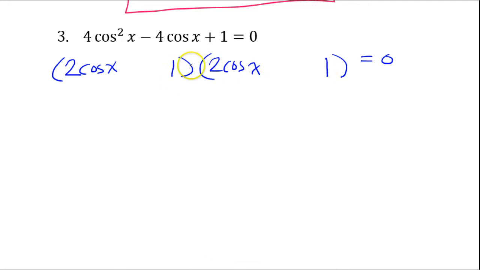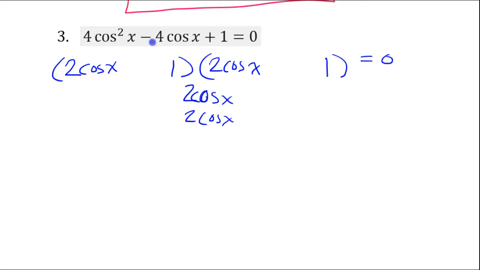Now, to see if this is going to work, remember that inner plus outer must equal the middle. Inner, I have 2 cosine x. Outer, I have 2 cosine x.